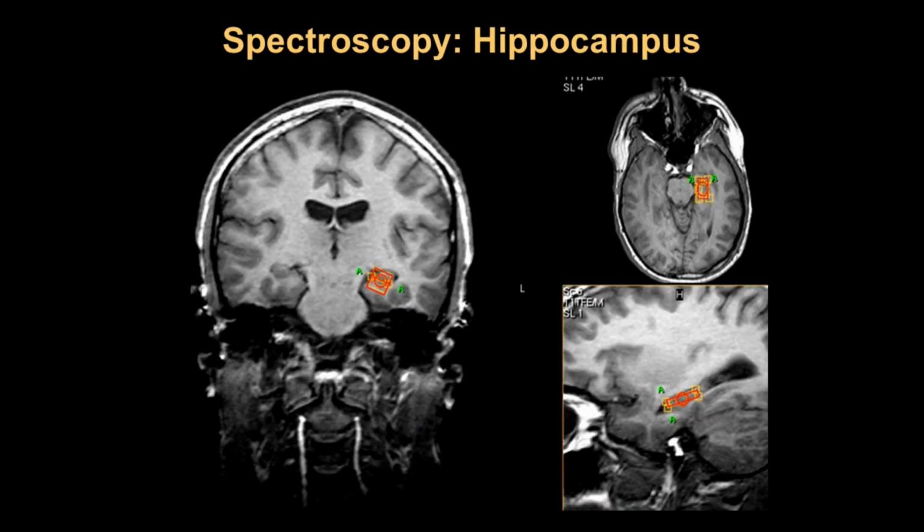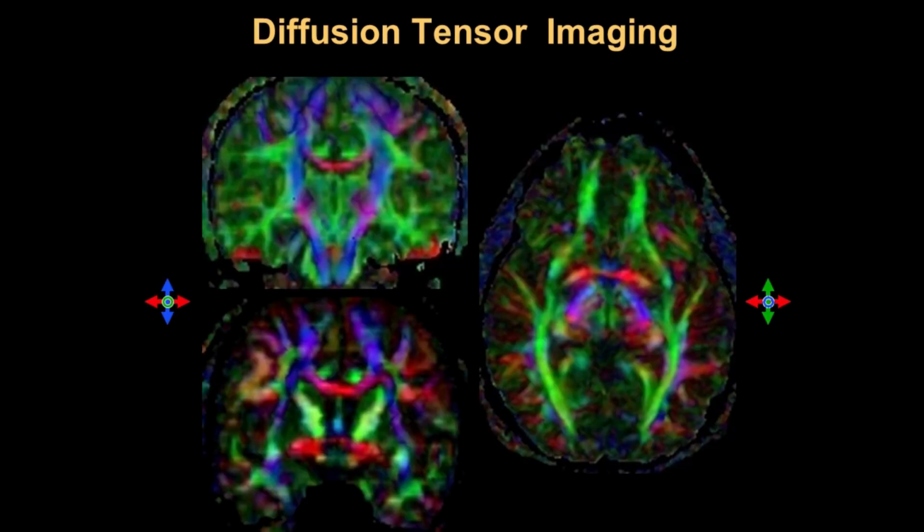We can also do advanced imaging like spectroscopy in the hippocampus. It's pretty hard to shim down in this area, but it can be done. And we can appreciate here a shim box over the hippocampus. What we'd be looking for here would be a dropout in N-acetyl aspartate, a marker of healthy neurons. We can also more precisely look at white matter with techniques like diffusion tensor imaging.